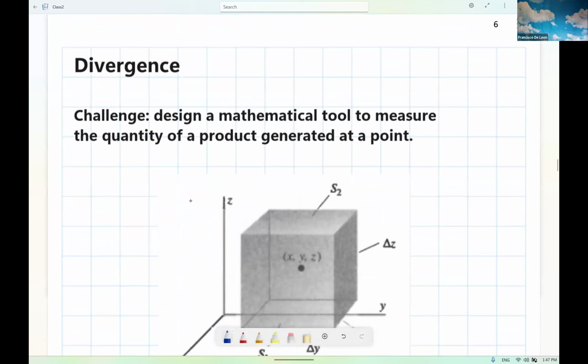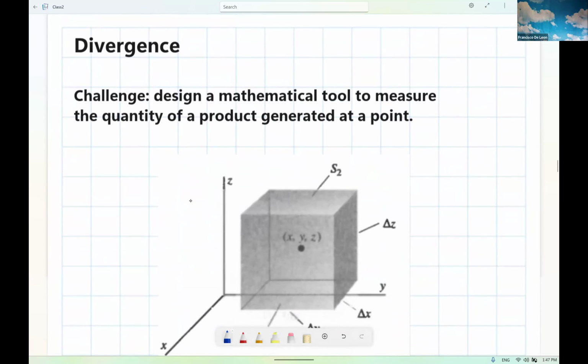Okay, now I have a challenge for you. Everybody needs to think a little bit. And the way to think is with what you know: contour integrals will give you force, flux integrals give you quantity, and volume integrals give you quantity. Now, say that in this room something is being produced.